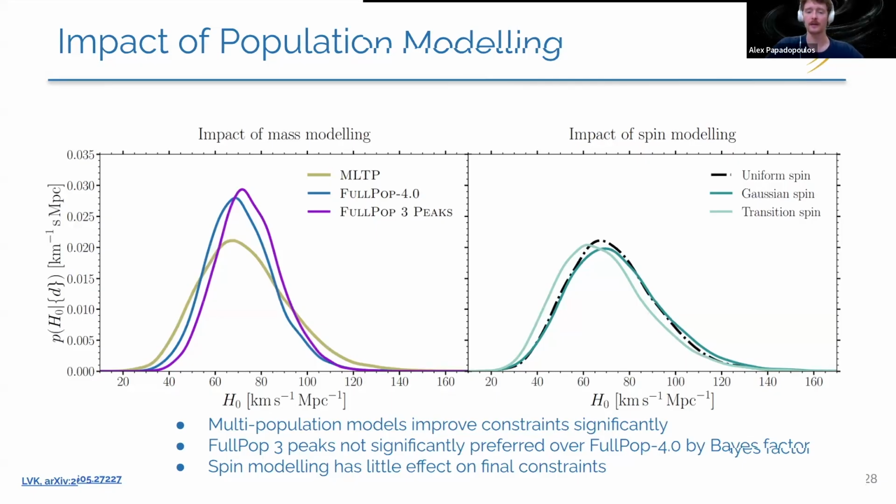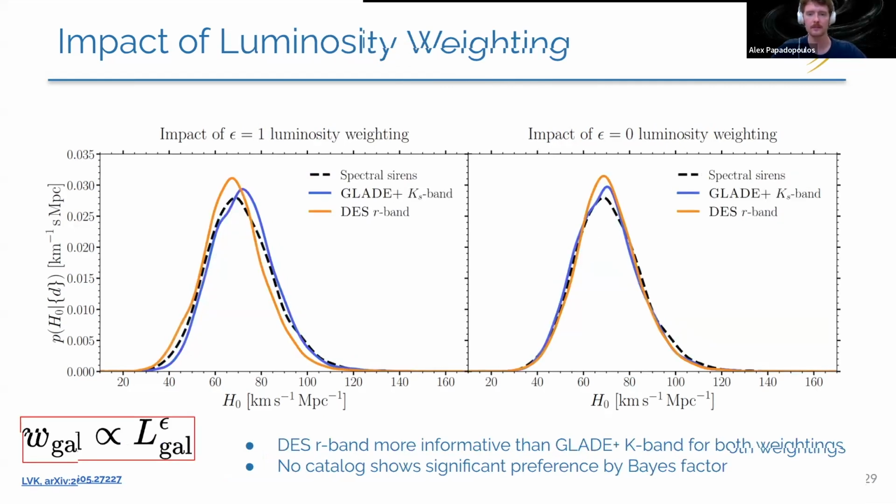And we do find that in general, the Bayes factors, when we do model selection, prefer when we model spins, but it doesn't have a huge effect on our Hubble constant measurement. We find it gives us a slight shift and actually a slight broadening of our posteriors, but we include this for robustness. Next slide, please, Isaac.